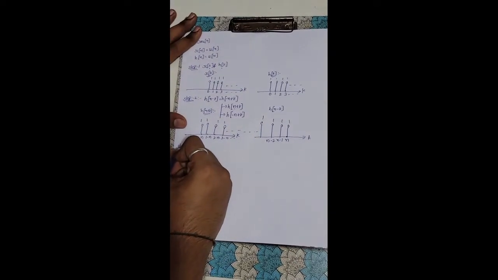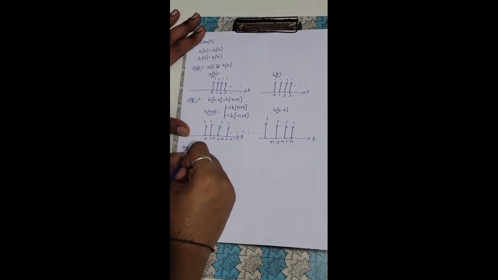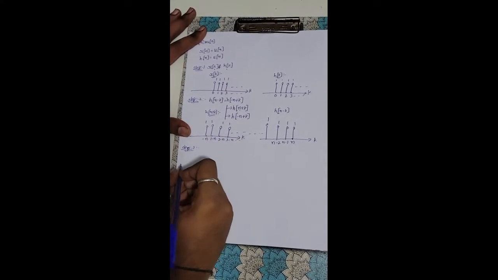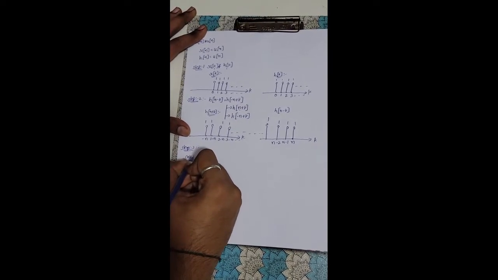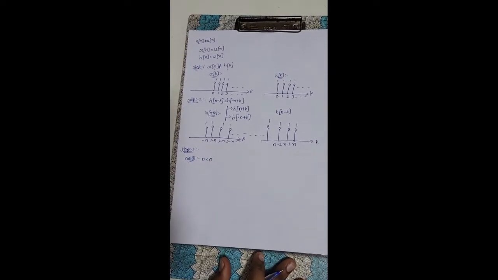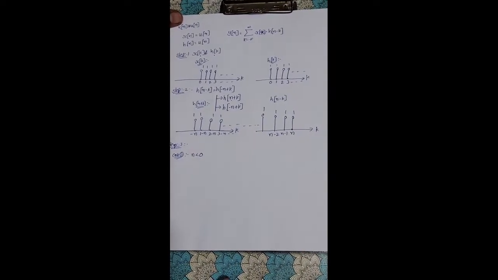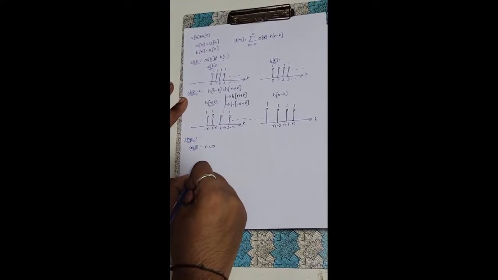And step 3 is we have to convolve these two signals. First we will see the case where n is less than 0. Here the first case we take is n less than 0.